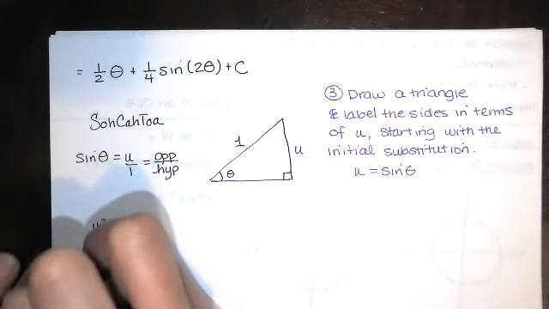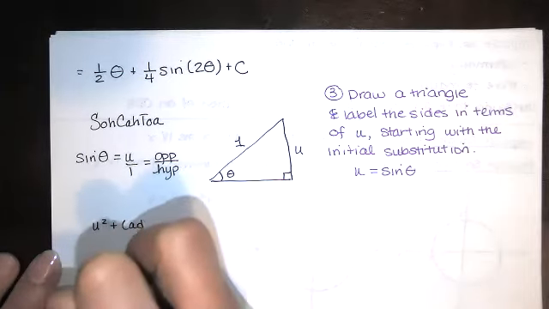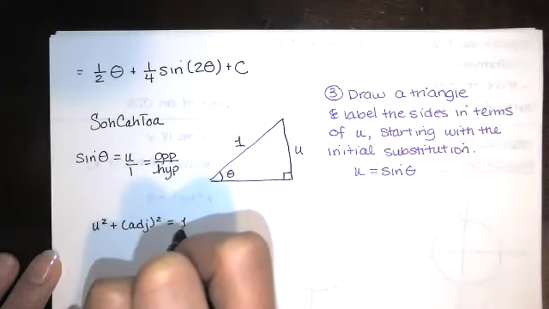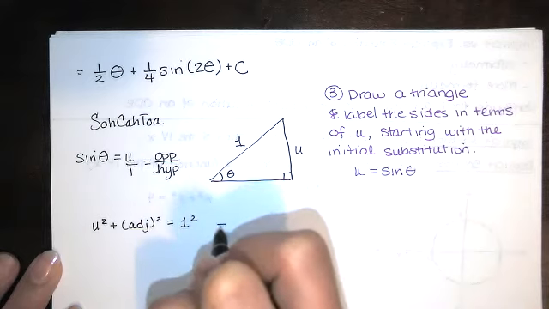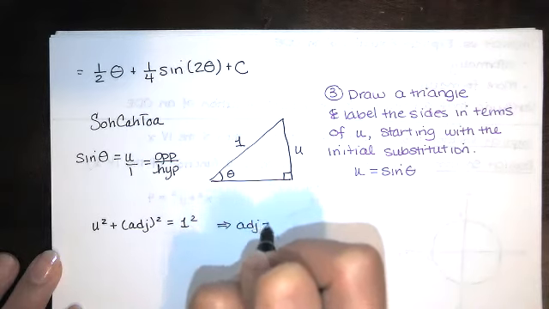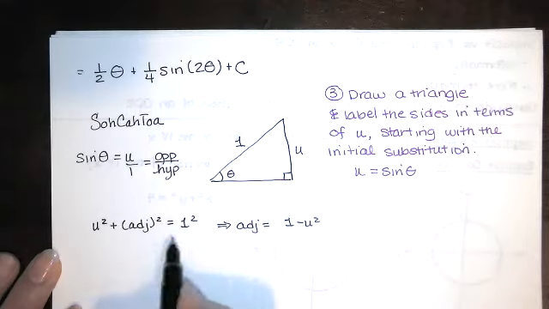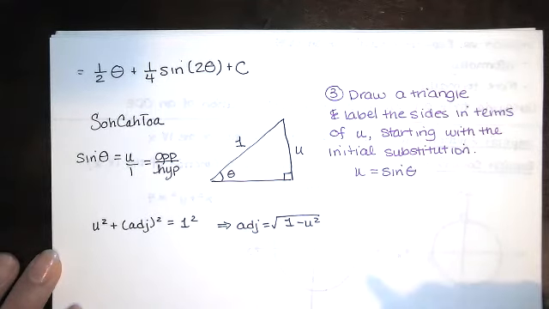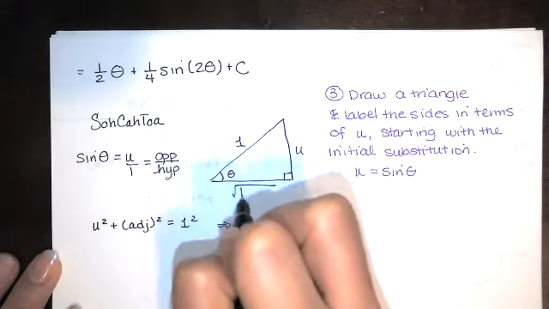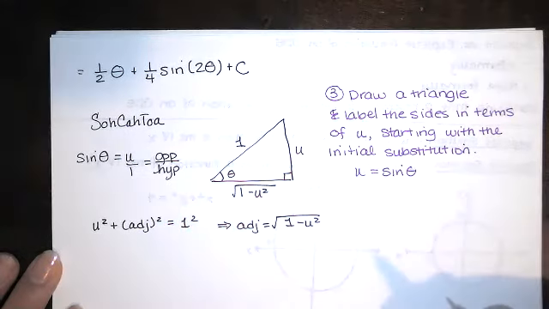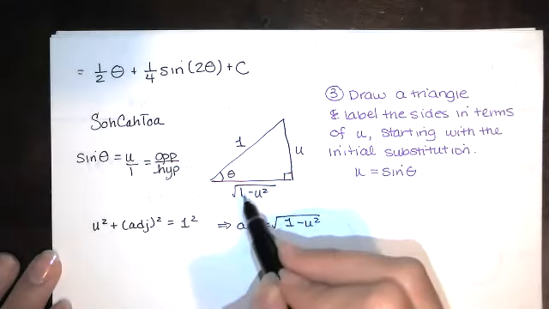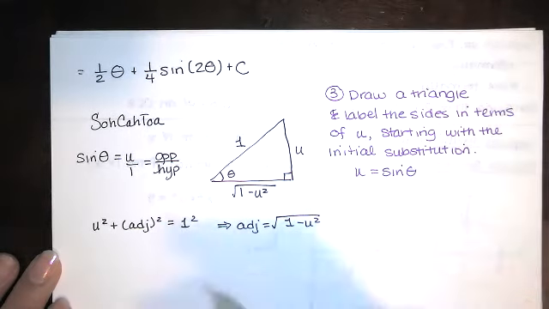We'll have u squared, that's 1 leg, plus the adjacent side squared equals 1 squared. Trying to get the adjacent side by itself, I subtract the u squared from both sides, and then I take the square root. The adjacent side is the square root of 1 minus u squared. And notice that that's the a squared minus u squared that we started with in the original integral. That always happens whenever we use trigonometric substitution.